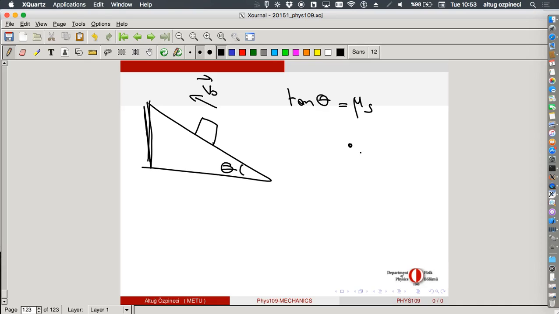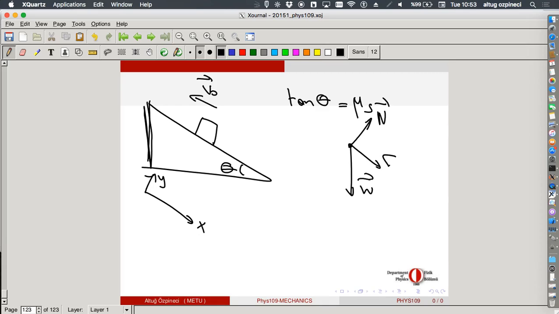We have the weight, which is pointing downward. There is the normal force, which is perpendicular to the surface, and there is also the friction force. Which way will the friction force point? If you still use this axis as your positive x direction, it will be pointing downhill.